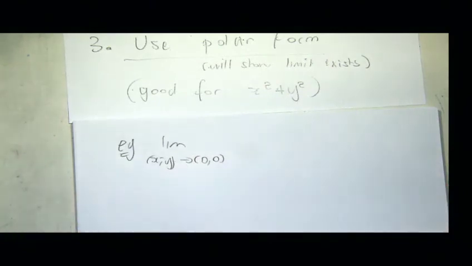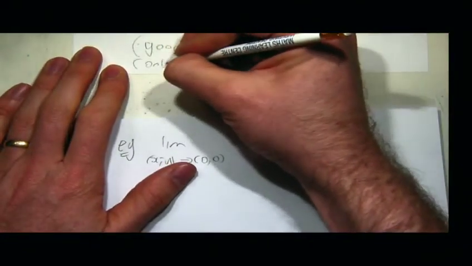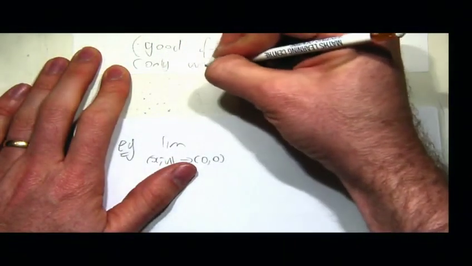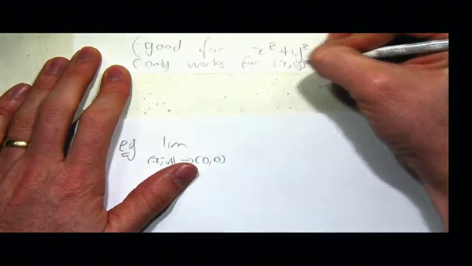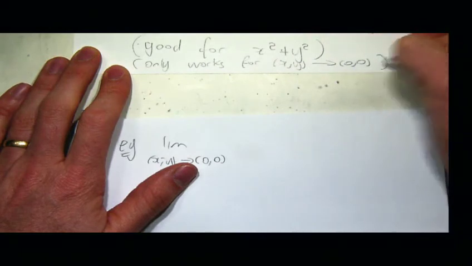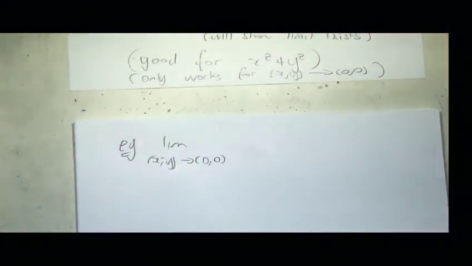It also only works for xy approaching 0, 0, by the way. So this final approach is really good for things that have x squared plus y squareds in them, and it only works if xy is going to 0, 0. Which is why most exam limits go to 0, 0.